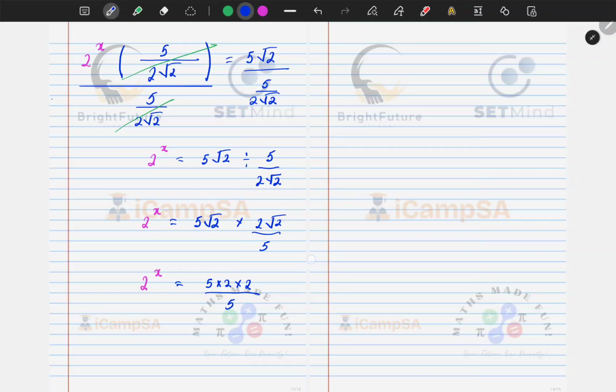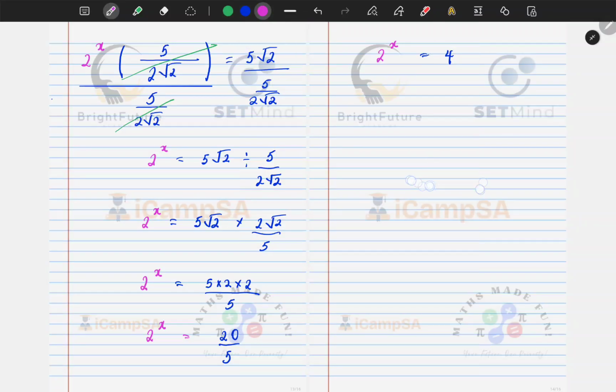Then from here I would have 2 to the power of x equals 5 times 2 is 10, times 2 is 20, over 5. And then I'll be left with 2 to the power of x equals 20 divided by 5. 20 divided by 5 is 4.